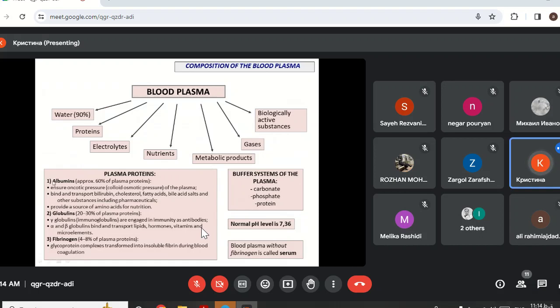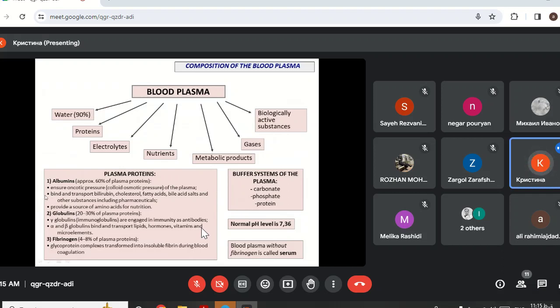because this water is attached somehow to these albumins, and this is called colloid or osmotic and oncotic pressure. If we have a lack of albumins, it will cause the leakage of water from blood vessels into tissues, and this will cause edema.